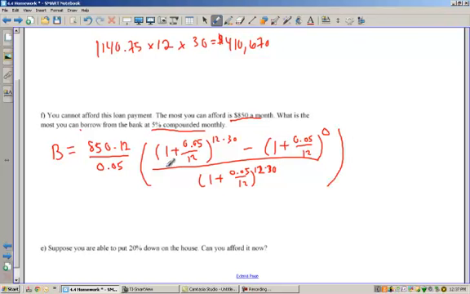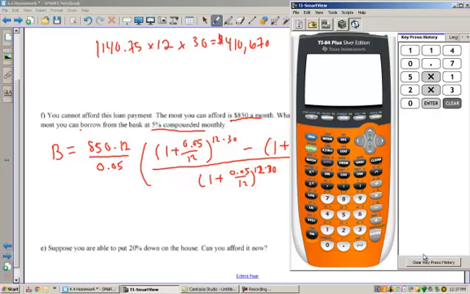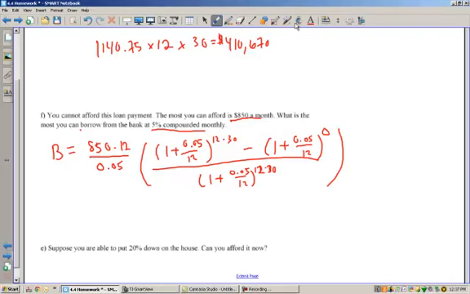All right, so now I know all the numbers on the right. I'm looking for B, so all I need to do is crunch this number. On the clear screen, I plug this in: 850 times 12 divided by 0.05, left parenthesis. Remember, these parentheses here are really for show, so I don't need them.